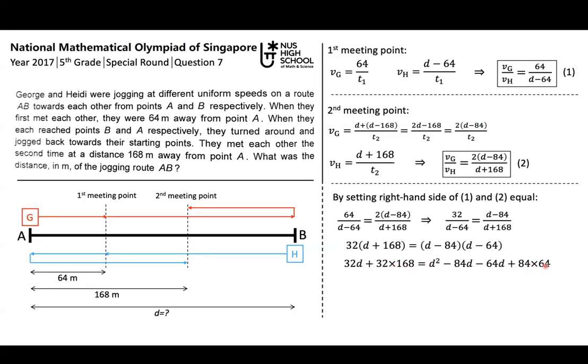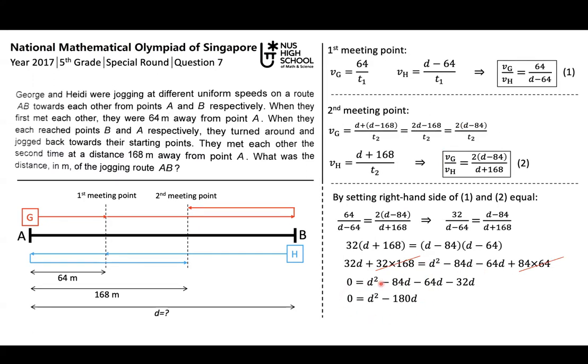So these values are the same, and we can cancel them out, or subtract from both sides. We obtain a slightly simplified version of the equation, and by moving 32d to the right-hand side, we end up with this equation. Now let's combine all of these together.